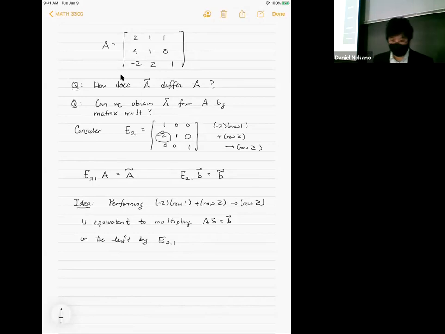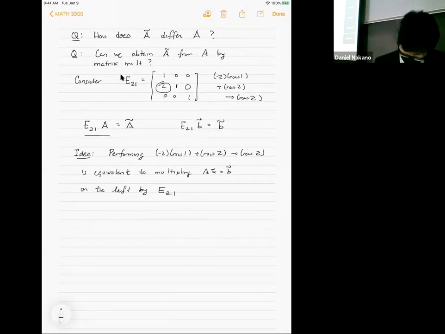Oh, just matrix multiply. It means do this. I'm just multiplying E21 on the left of this equation, AX equals B. Let me be a little bit more precise about that.